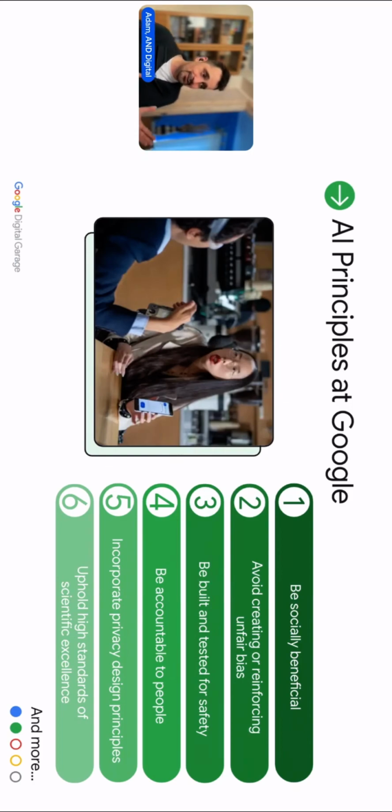And it's just good values like be socially beneficial, avoid creating and reinforcing unfair bias. A lot of these things are incredibly useful when thinking about AI. So when you reach to make something using machine learning, do ground it in principles: should you be doing the thing that you're just about to do?